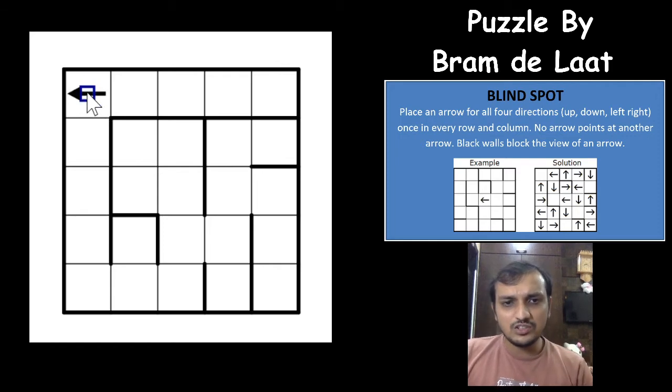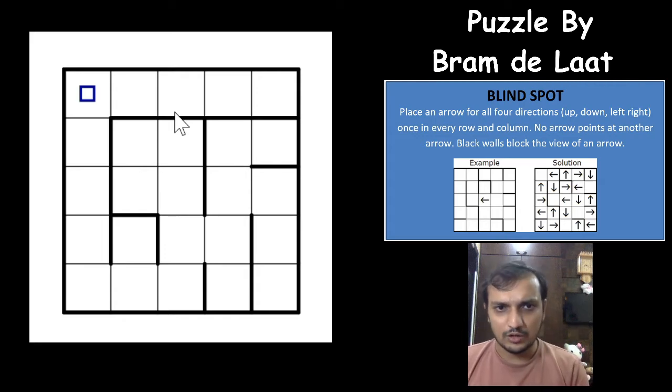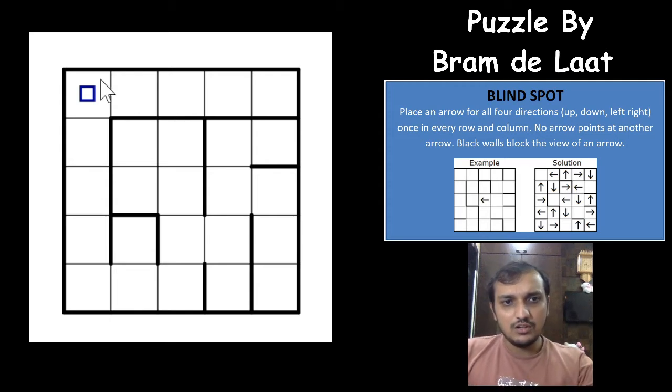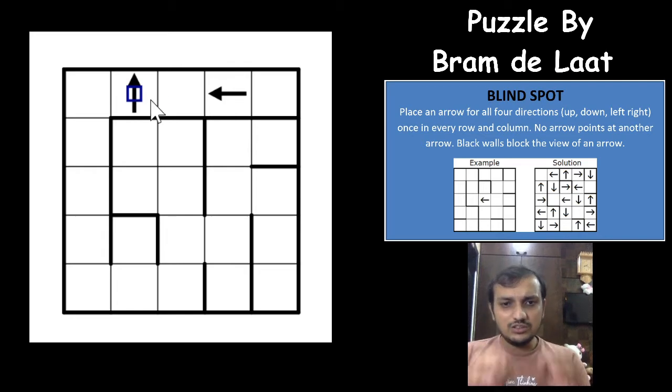You have to place these 4 arrows in the grid in such a way that each row and column has exactly those 4 arrows, and no arrow can point to another arrow. For example, if you have an arrow here and another arrow here, this arrow is pointing towards that arrow. So in this grid you cannot have such an instance; no arrow can point to another arrow.